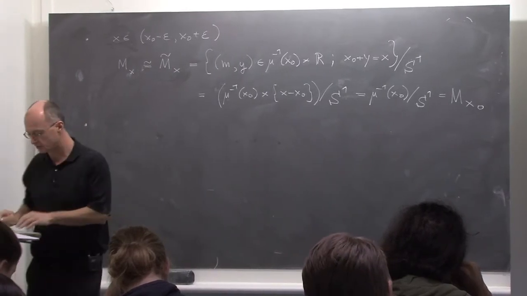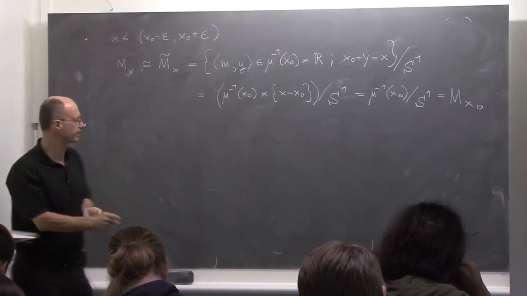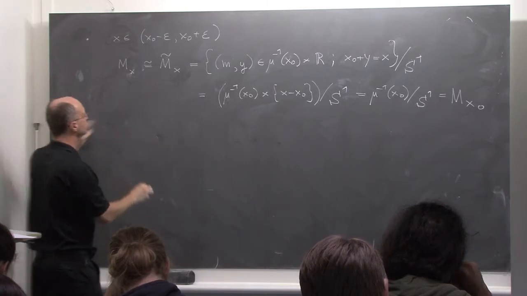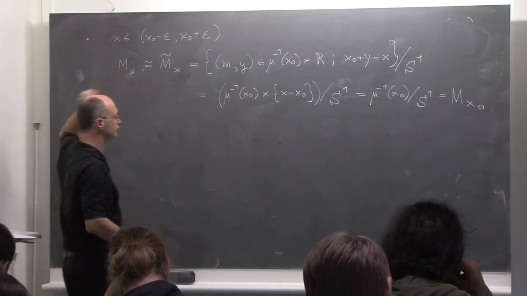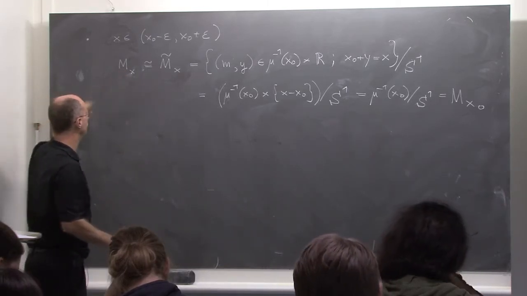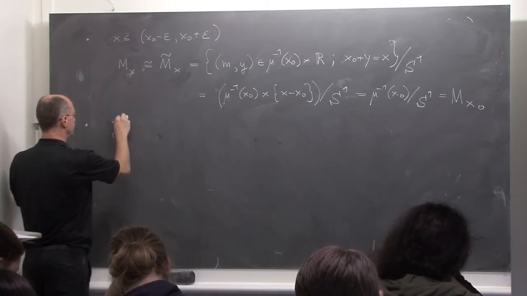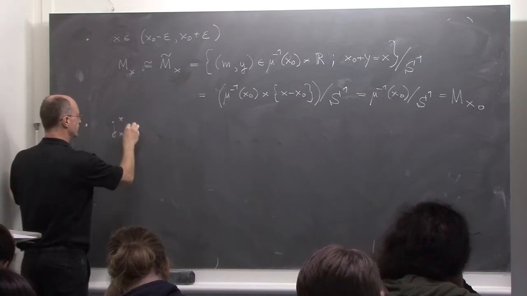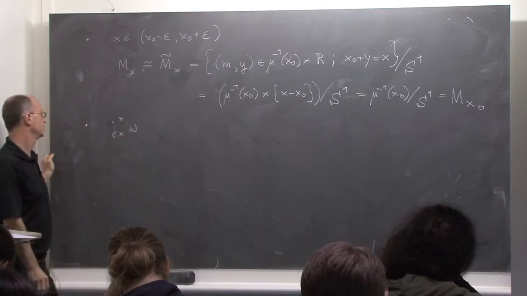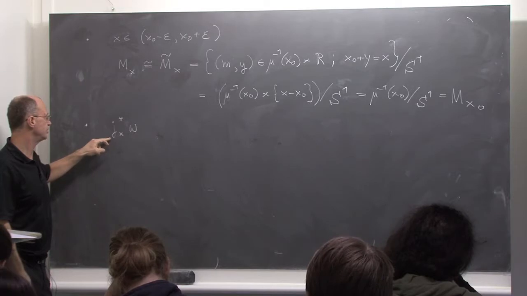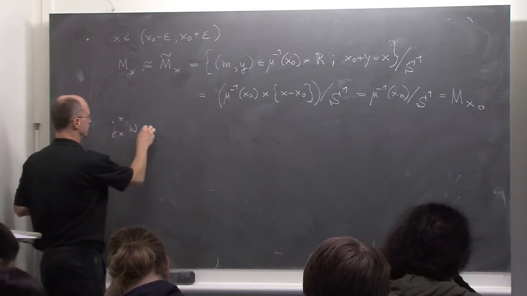Right. Now, what about two forms? So we would like to know how the two form here looks like. So I denote by J the embedding of the level set in the case of M tilde. So we want to know what is this J_x star of omega.